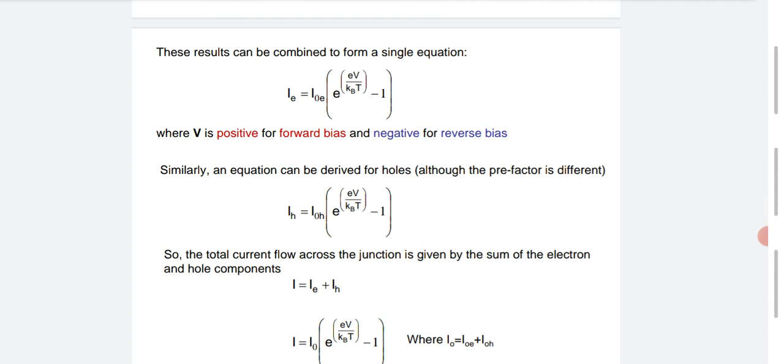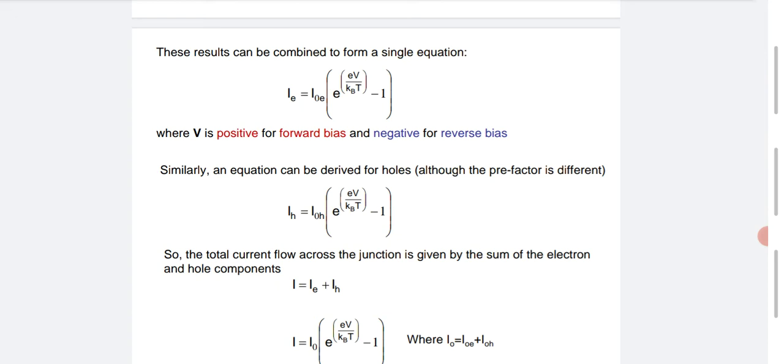So the current IE due to electrons is equal to I0E times e raised to eV upon kT minus 1, where V is positive for forward bias and negative for reverse bias. Similarly, an equation can be derived for holes. And the total current flow across the junction is given by the sum of the electron and hole components.